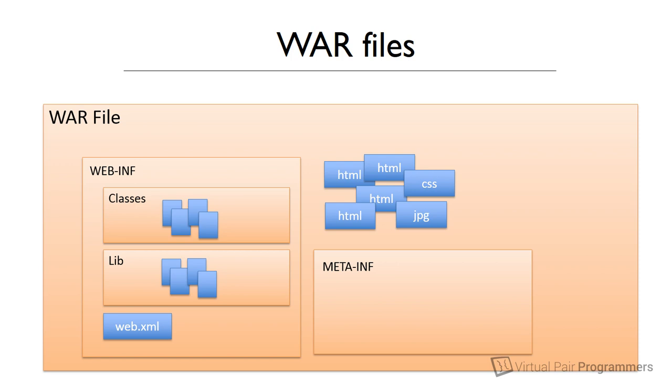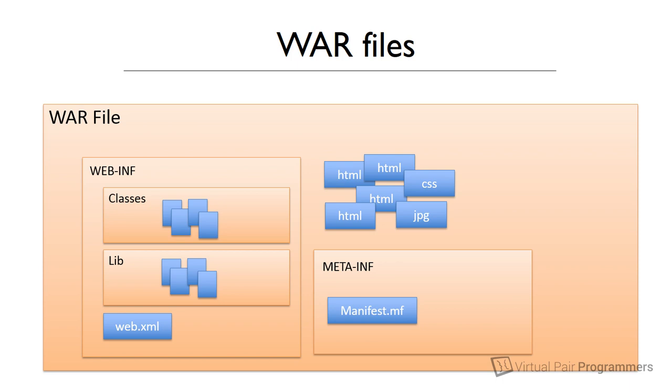The idea of this folder is that supposedly any information about the WAR file goes in here. Principally, there's a file called MANIFEST.MF, and this is supposed to describe how many files are inside the WAR file, the version of the WAR file, and so on. For some jar files that can be important, but for a WAR file, generally it's boring. We never look at it, and as we're going to see in a moment, it's automatically generated anyway.